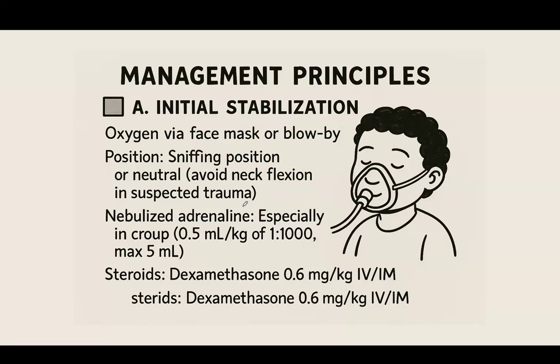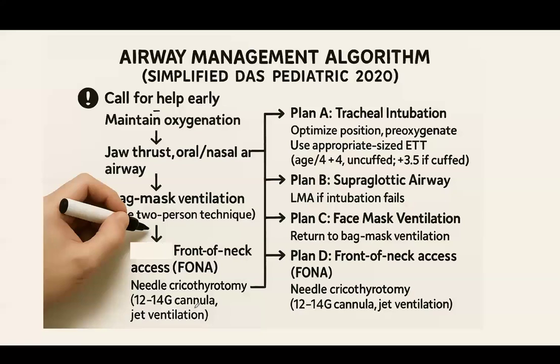So clinical signs, respiratory rate, saturation, clinical judgment, and signs and symptoms will help. Briefly, we will speak about the airway management algorithm. This is the simplified Difficult Airway Society pediatric algorithm, last updated 2020.